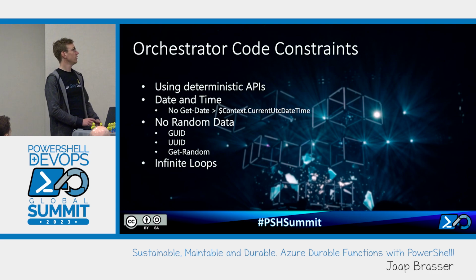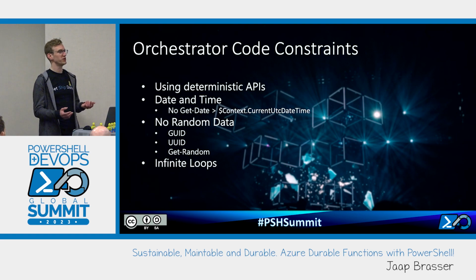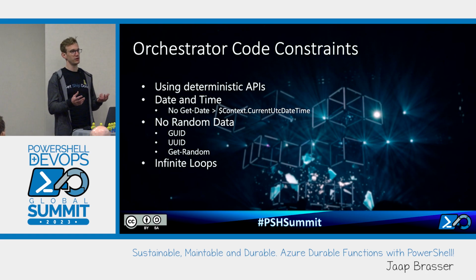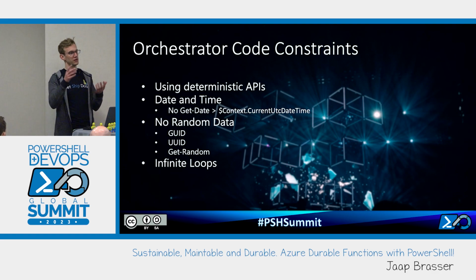There's a number of constraints as well. So some of the constraints that we have with orchestrator functions is things have to be deterministic, and the reason for that is that what the orchestration function does for you, if one of your functions fails, or an execution fails, or one of the nodes on which your activity, so your Azure function within the durable function was running, crashes for some reason, it will try to restart the job with the same kind of parameters.